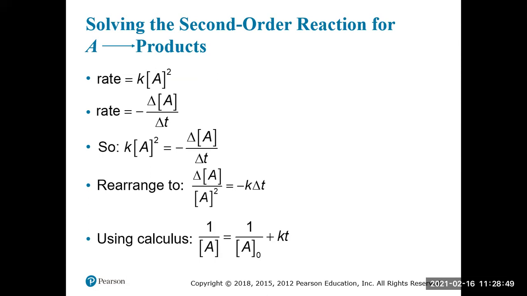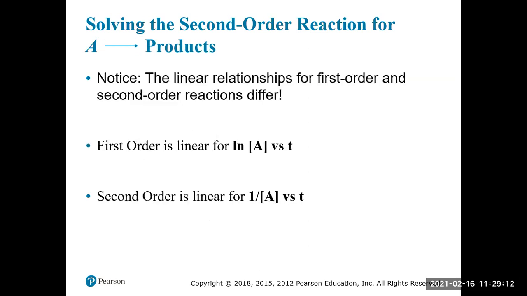So by plotting the concentration and time data this way, we can see if it's linear or not. And if it's linear, then we know we have a second order reaction. Once we know it's linear and second order, we can get the rate constant from the slope of that line.